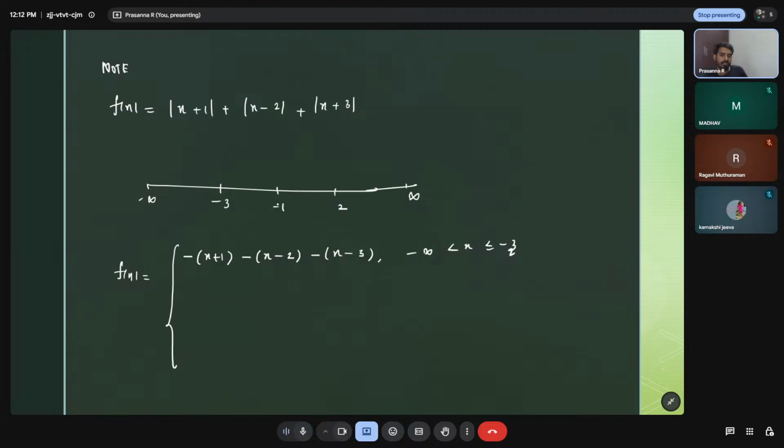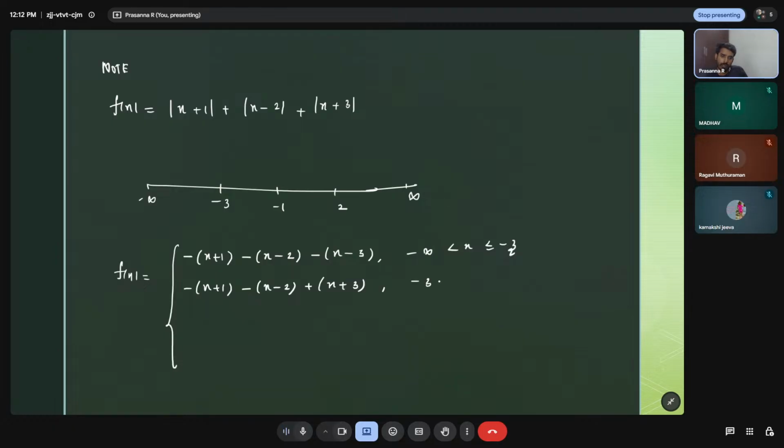Now here, minus 3 to minus 1. Let us take minus 2.5. Minus 2.5 plus 1 is negative, minus 2.5 minus 2 is negative, and minus 2.5 plus 3 is positive. So it is plus x plus 3. If the inside quantity is positive, you just write x plus 3. If it is negative, you write minus of x plus 3.